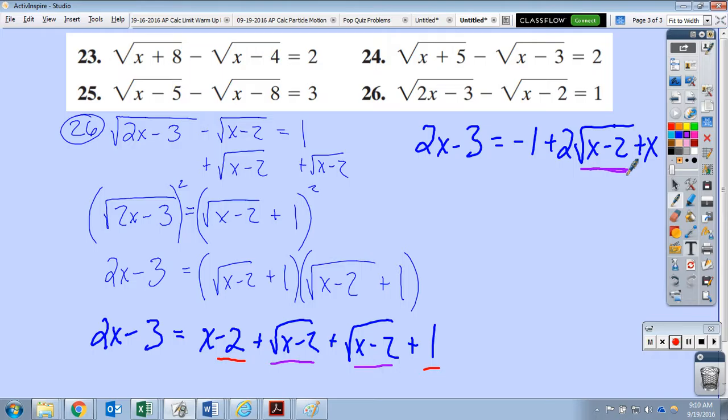So when I isolate something, basically we're working from the outside in. What's furthest away from the square root of x minus 2 on the same side of the equation? The 1, the -1, or the x, but definitely not the 2. The 2 is closely connected by multiplication, so let's work on the elements that are farthest away.